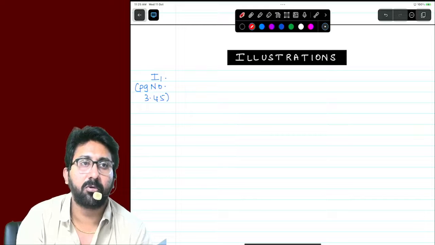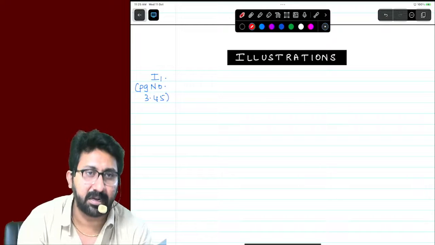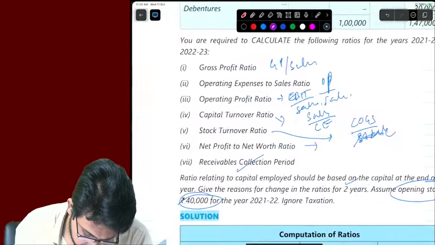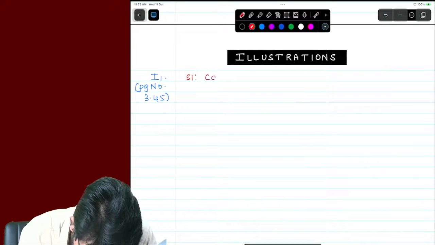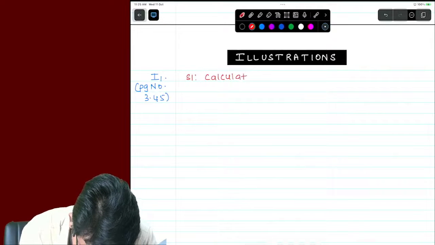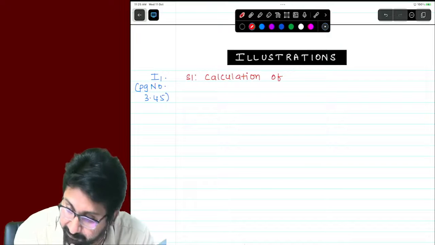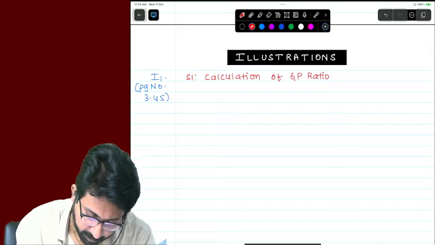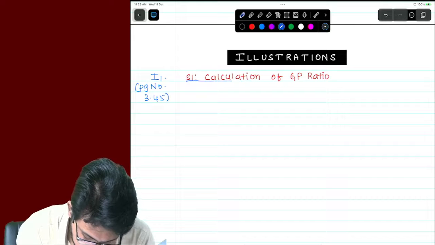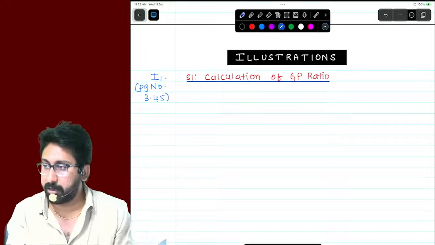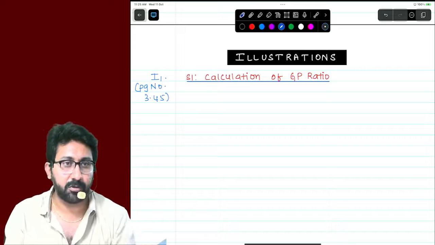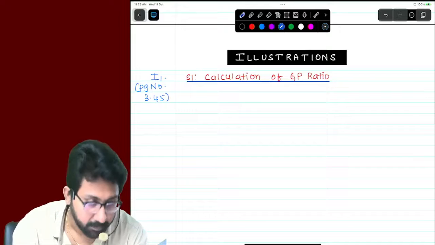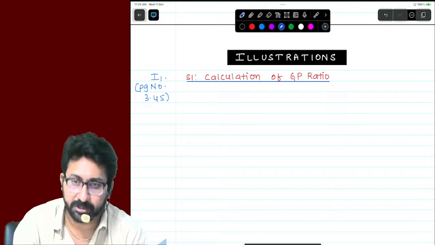I will tell you how to present the answer as well. So please, one by one, let us see. Keep the heading. Step 1. Calculation of gross profit ratio.